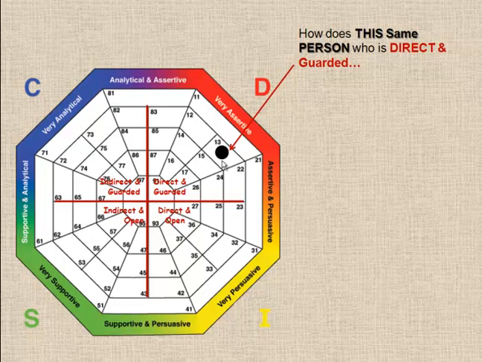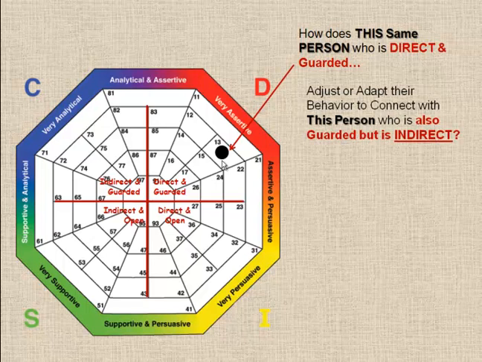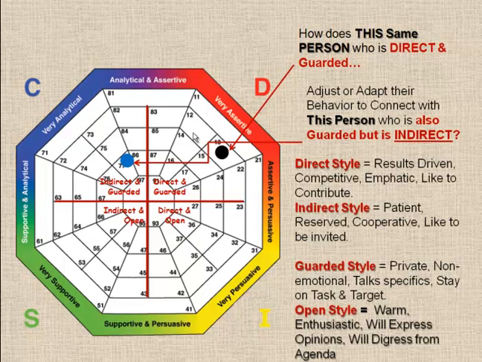So if this person is direct and guarded, same guy, but this time, how will they connect with somebody who's indirect? Somebody who's over here. Now this time, they're both guarded. What changes is that one's direct and one's indirect. The difference being this person, same guy, results driven, competitive, and so on.